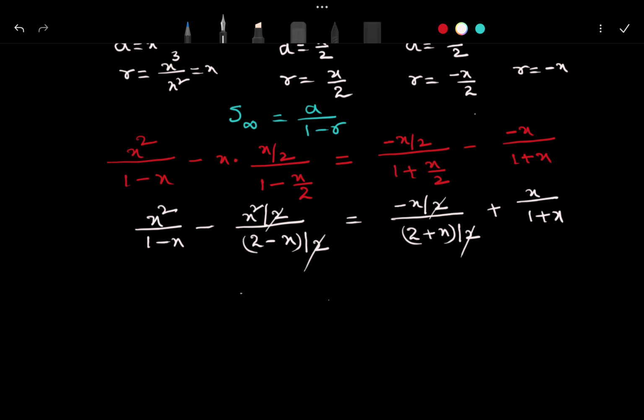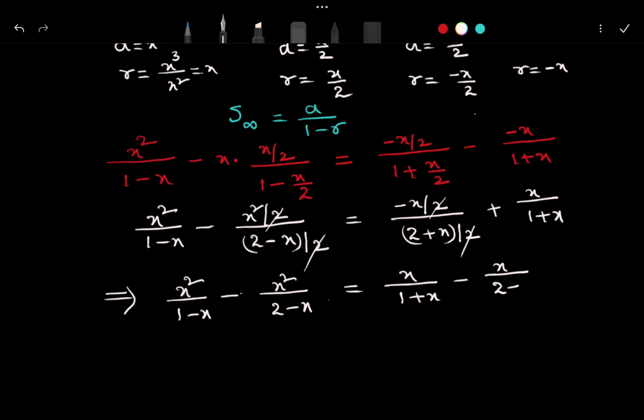The resultant value will be x square divided by 1 minus x minus x square by 2 minus x, is equal to, first you write the positive term, x by 1 plus x minus x by 2 plus x.